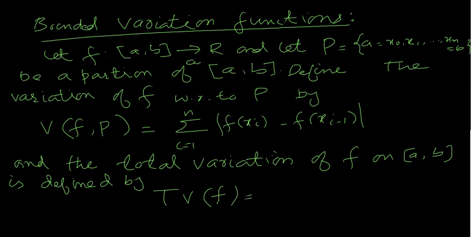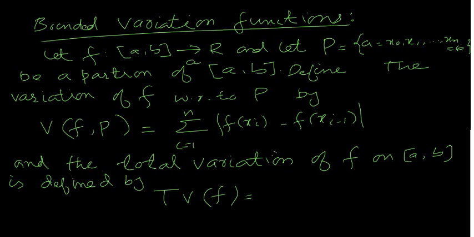If you vary the partitions, we get different variations, so we have a set of variations. That set is a set of non-negative real numbers, because every variation is a non-negative real number. Now we try to find the supremum of that set. That supremum may be infinite or finite, so we can define TV(f) as an extended real number. But in case this total variation is finite, those functions are special functions. We will name those functions very soon.